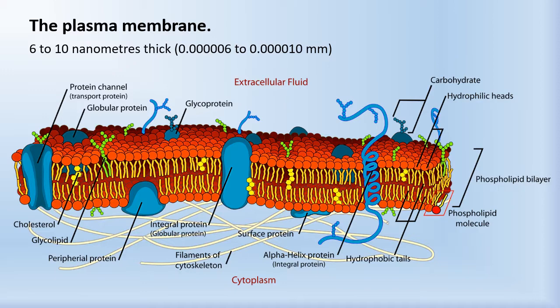Note the glycoproteins and glycolipids on the extracellular surface. Glycolipids are carbohydrate chains attached to a lipid in the outer surface of the membrane. Glycoproteins are carbohydrate chains attached to an integral protein.